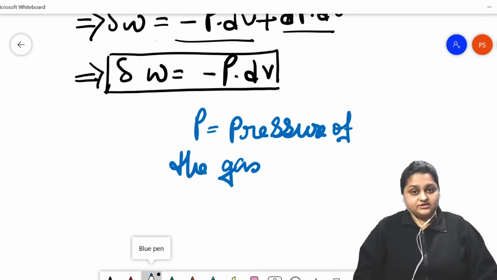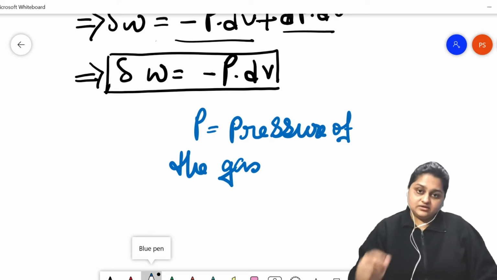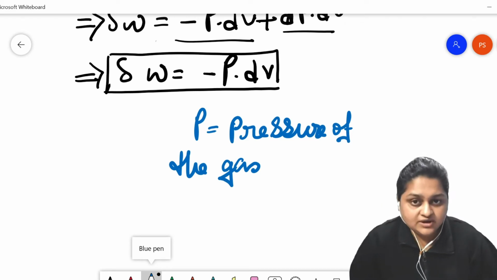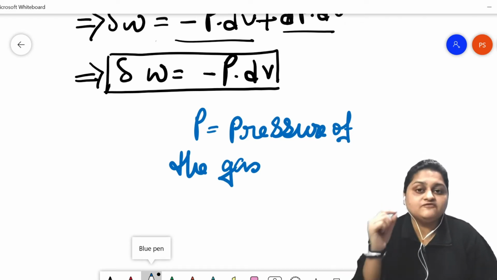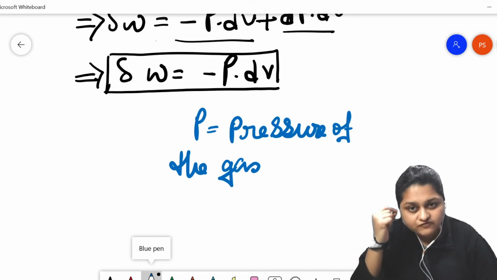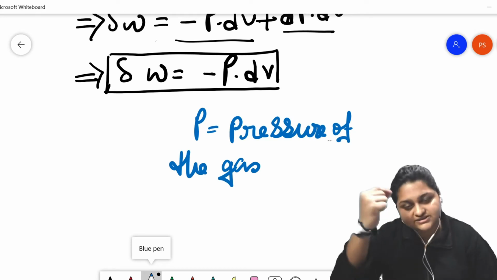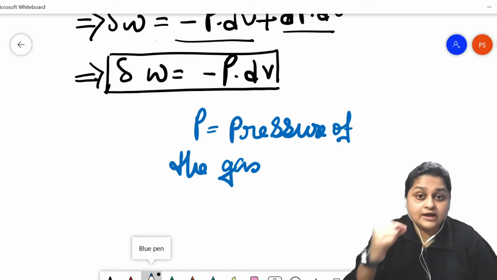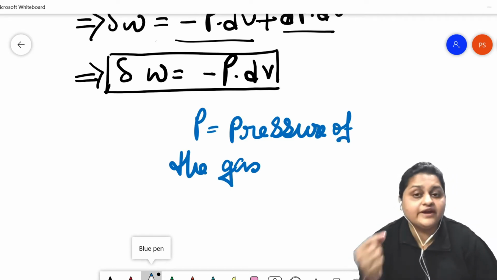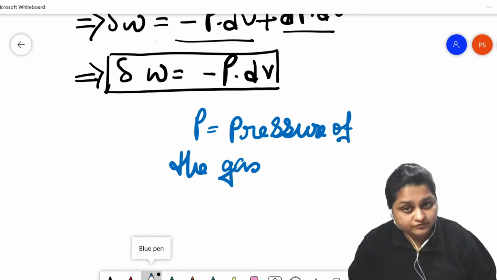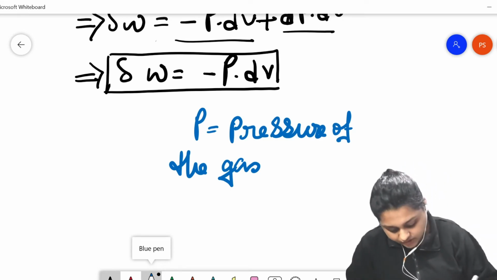Because by the definition of reversible process, the gaseous pressure is almost equal to the external pressure. The external pressure is infinitely small compared to the pressure of the gas, and against that infinitely small amount of pressure, the gas is expanding with an infinitely small amount of volume change. Now this is the expression of the work done.